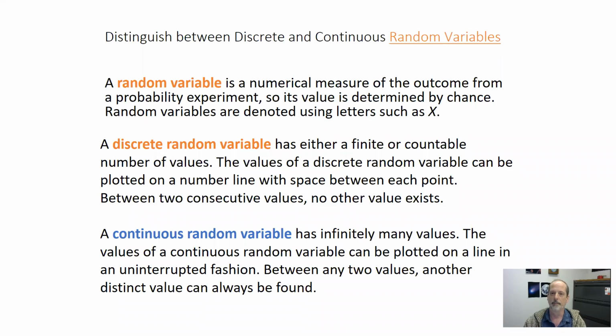Okay, so we're just going to call the random variable some numerical measure of an outcome, and we'll use this capital X as all of the possibilities that it can take on. We've got two kinds to look at.